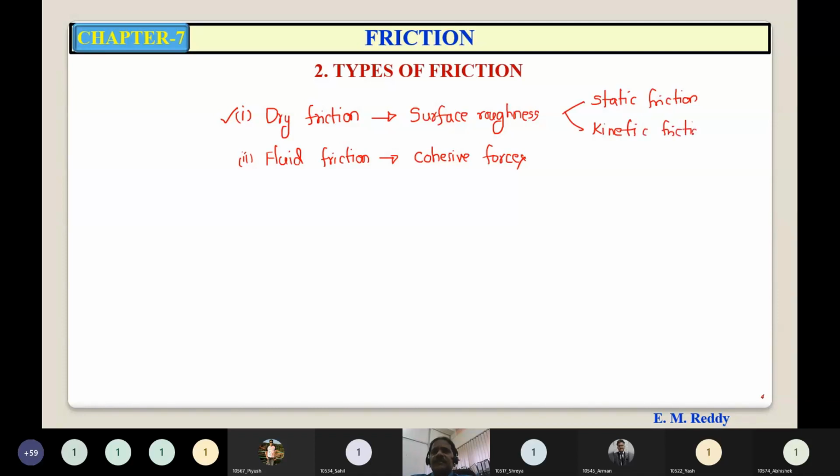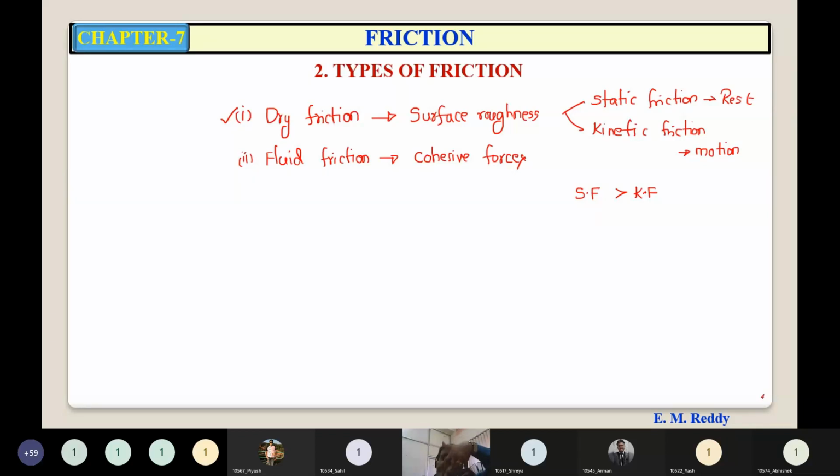Static friction is the friction between the two bodies when the bodies are at rest, whereas kinetic friction is the friction between the two surfaces, between the two bodies, when they are in motion. Right. So we can find that the static friction is always greater than the kinetic friction. This is because when the bodies are at rest, there is proper interlocking between the surface irregularities of both the bodies.